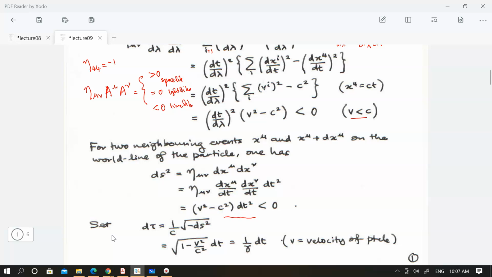So the significance of this is the fact that your four-dimensional interval squared is a scalar, and it's invariant under change of reference frames.